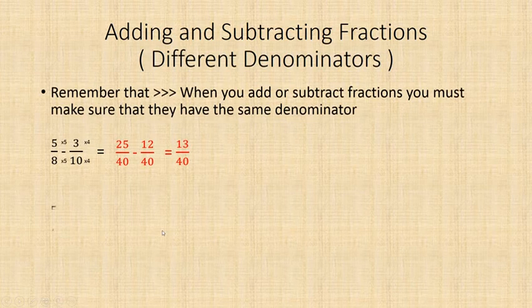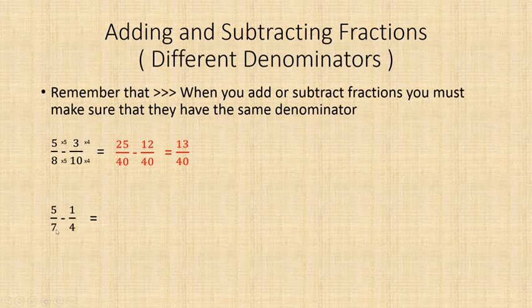Let's have another example. 5 over 7 minus 1 over 4. What's the LCM of 7 and 4? Or I can say, what's the LCD, the least common denominator? If you think here, you'll find out that 28 is the least common multiple of 7 and 4.